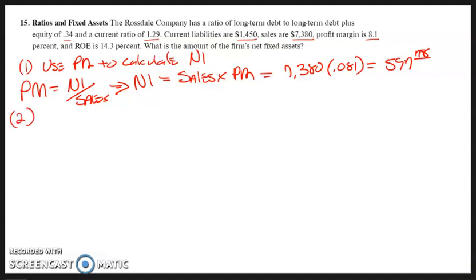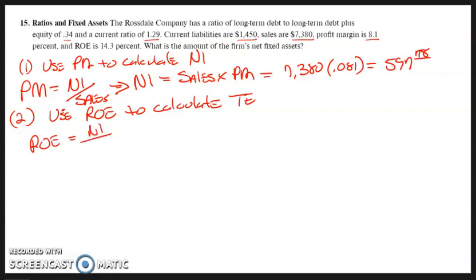Now we're going to use that net income along with the ROE to calculate total equity. ROE equals net income divided by total equity or common equity; you'll see it listed both ways.